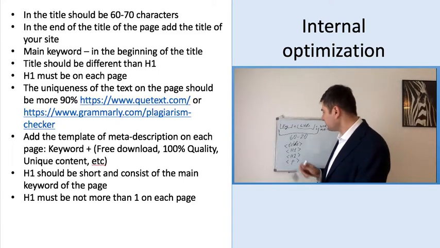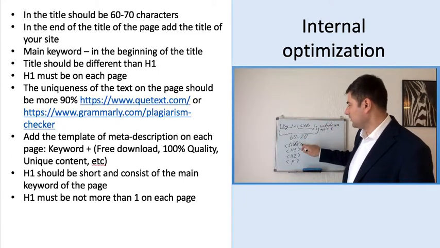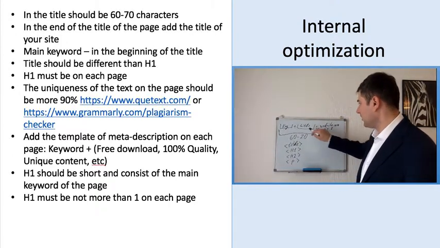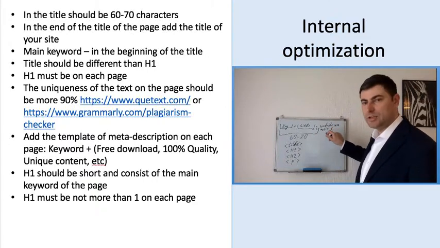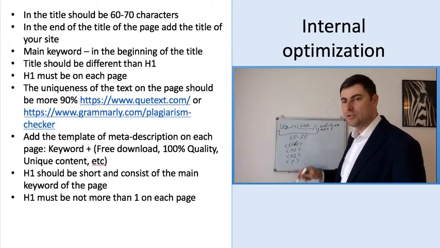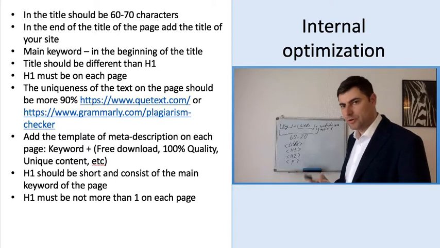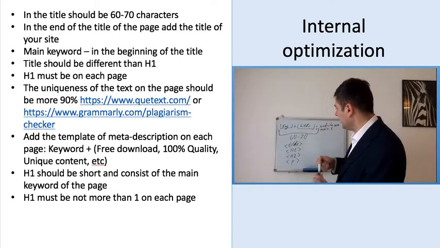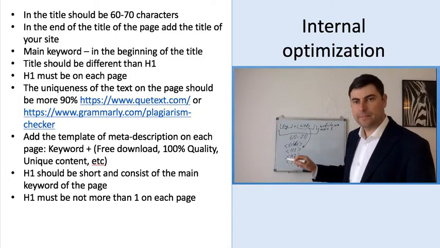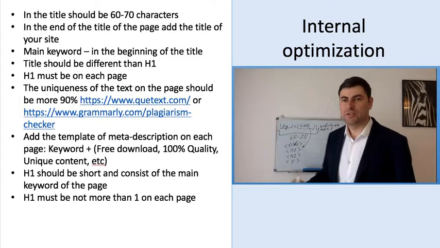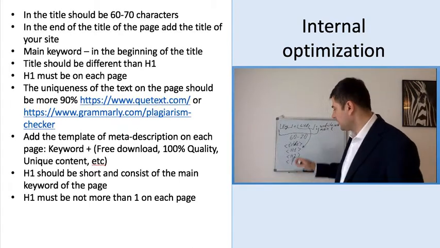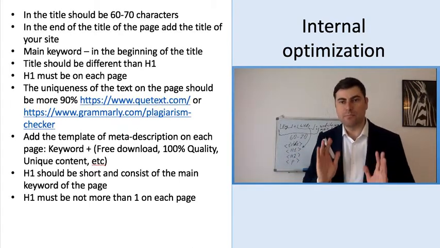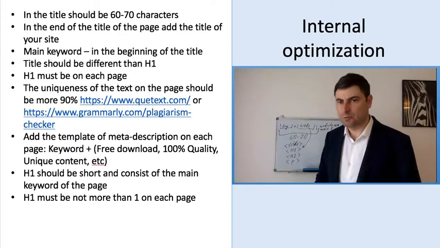For example, the title consists of the information about the video, the keyword, and the main keyword, but H1 should be shorter and consist mainly of this part. H1 should describe what the page is about. And H1 is very important in terms of SEO optimization.